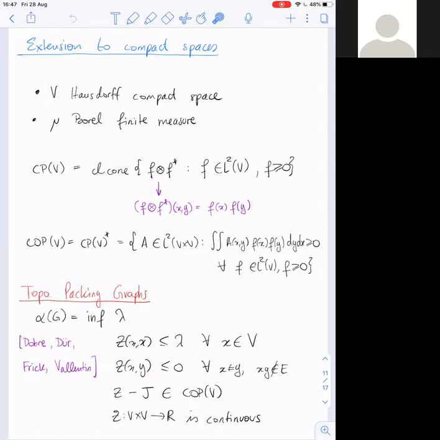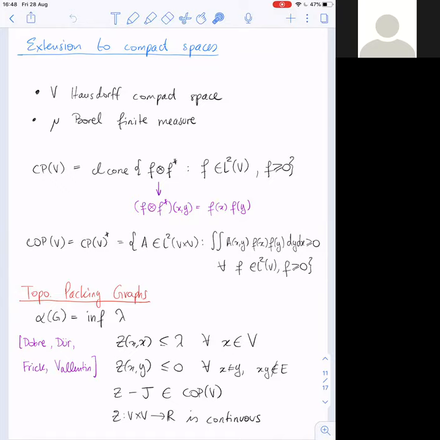So quickly, I'm going to talk about extensions first to compact spaces. So now we have V as a Hausdorff compact space, and you have a finite Borel measure on V, which satisfies perhaps a few other properties, which I'm not going to mention here, but nothing very, very bad.